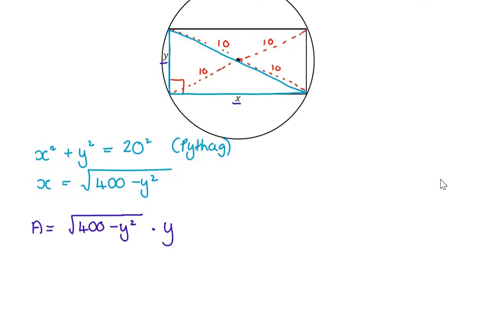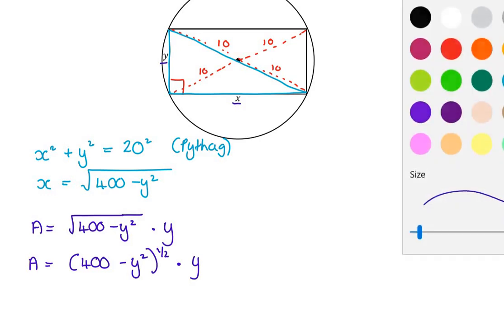And you'll notice that I can't really do much here other than use the product rule, because this 400 minus y squared has an exponent of a half, and I can't distribute that half. I can't multiply the y in. I suppose I could multiply the y in if I think about it. Now that I'm thinking about it, there's two routes that you could go here.